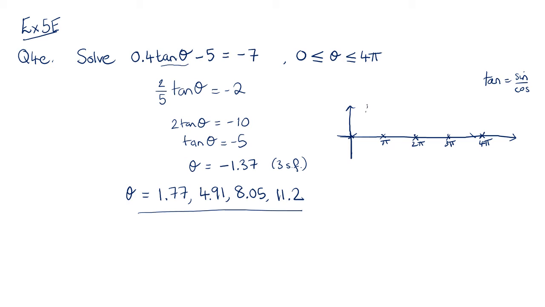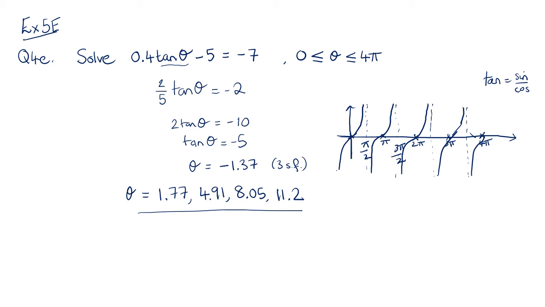And tan has an asymptote whenever cos is 0. So my asymptotes here are at pi over 2, at 3 pi over 2, and so on in between each of those. In terms of the shape of the tan graph, it goes something like that, and that's it in that interval.